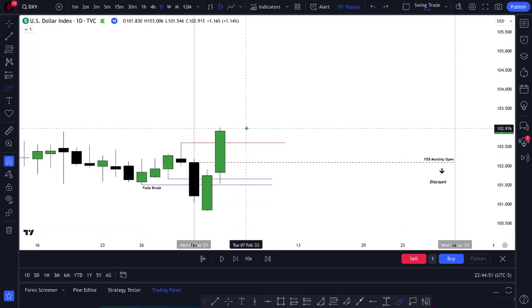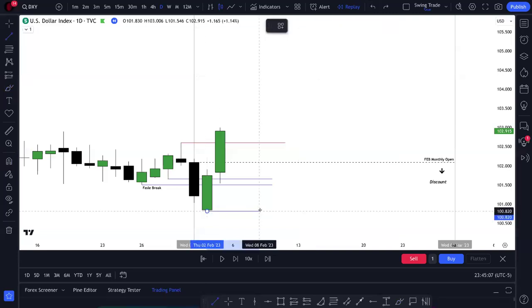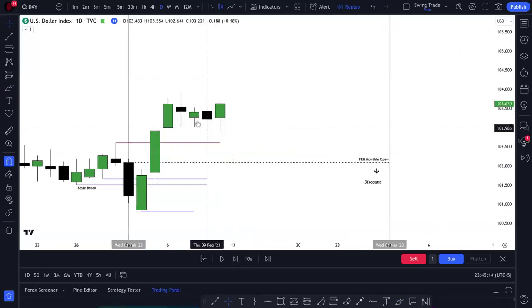Break a swing high, which is bullish momentum. To confirm that bullish momentum, we need the other variable, which is a higher swing low. It needs to be higher than the most recent one that forms after the break, and it's this swing low here. So this is the swing low. That price needs to be higher than. Let's play it forward. There we go. 1, 2, 3.